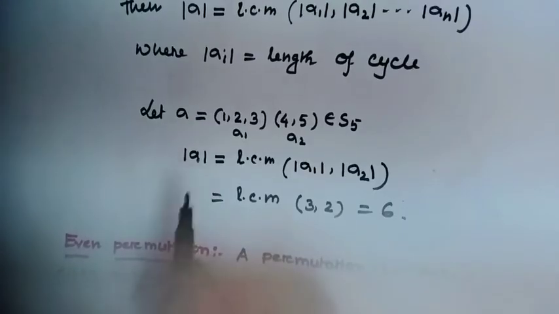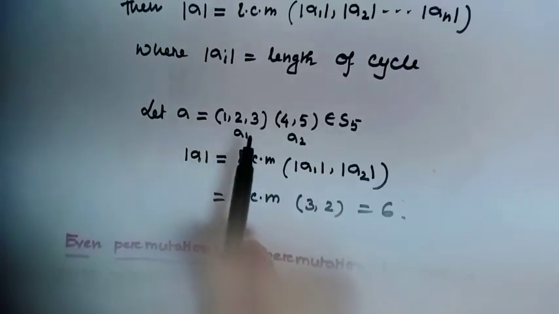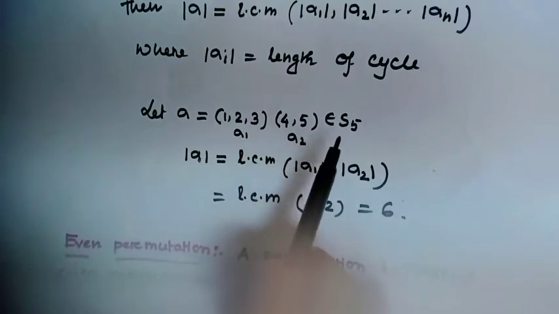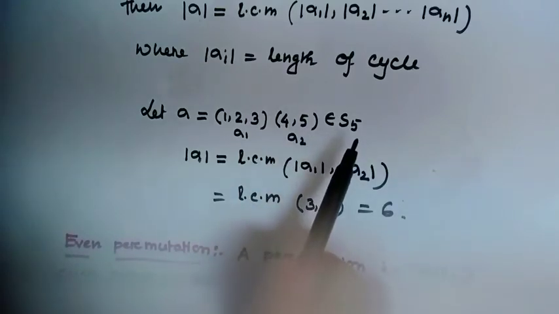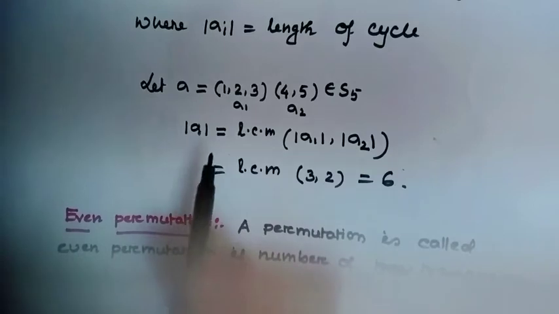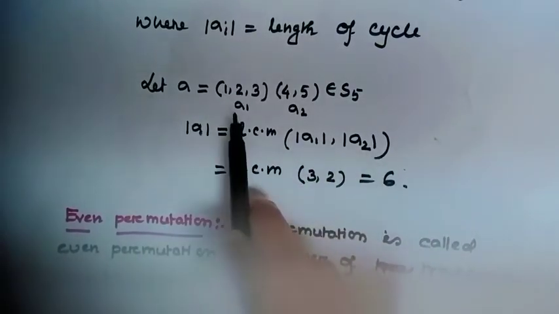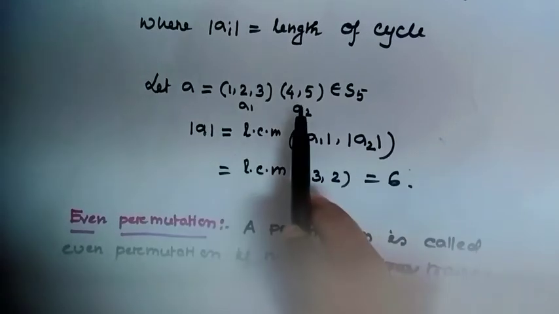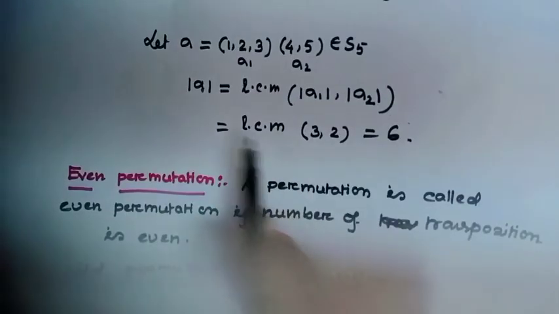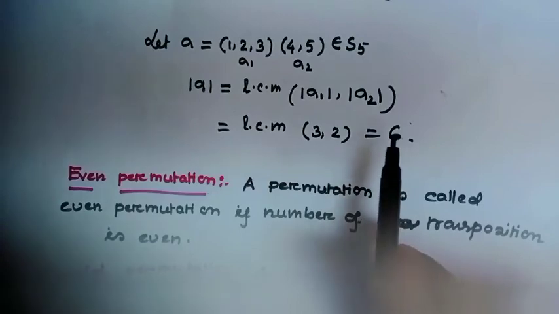Let's consider sigma equal to (1 2 3)(4 5), which is a member of S5. Then the order of sigma equals LCM of sigma 1 and sigma 2. Here the length is 3, here the length is 2. That means order of sigma equals 6.